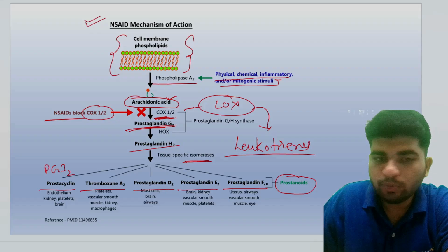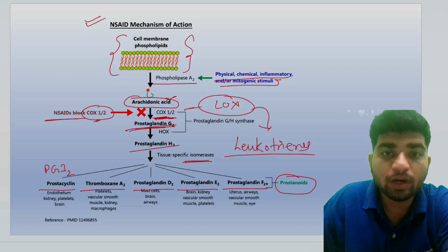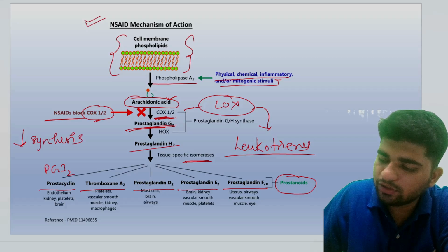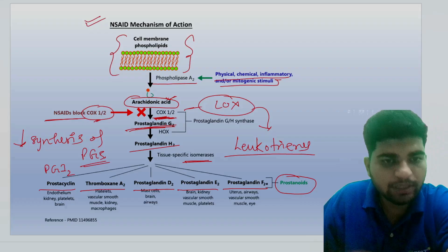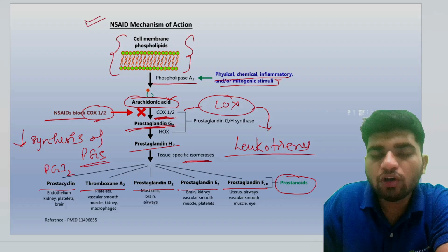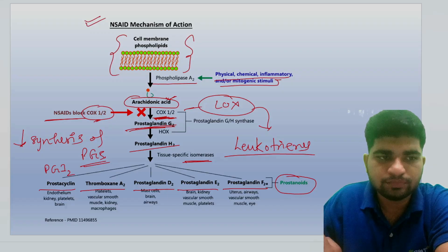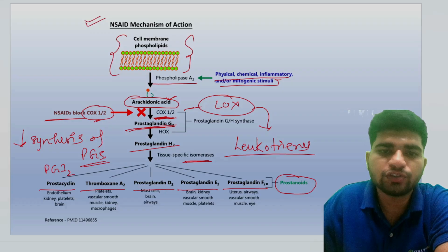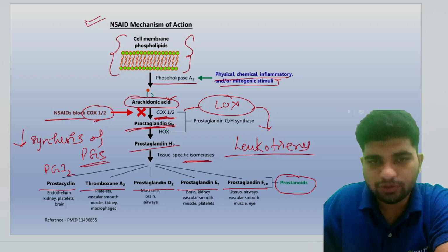So NSAIDs block COX-1 and COX-2 and ultimately reduce the synthesis of prostaglandins. It will decrease the synthesis of prostaglandins, so all the functions of prostaglandins will be inhibited. This is the mechanism of action of non-steroidal anti-inflammatory drugs.